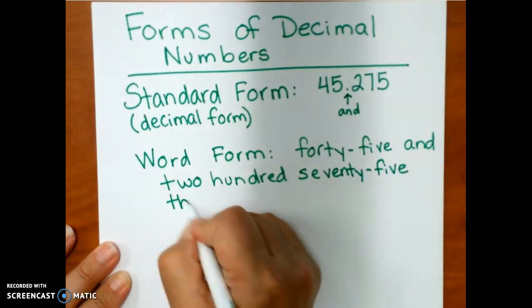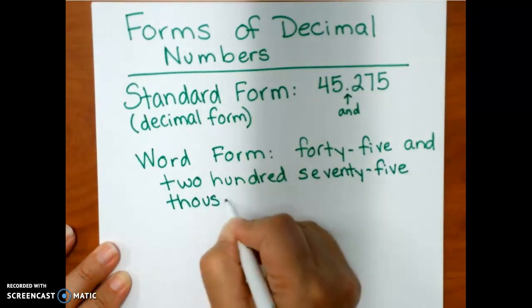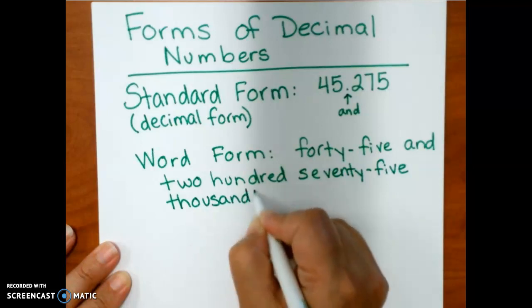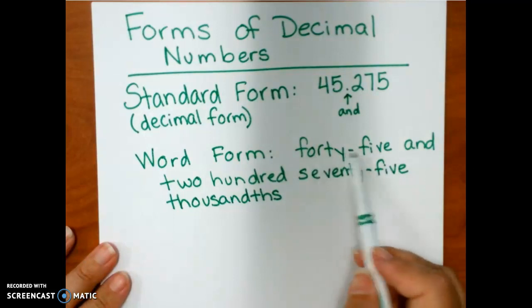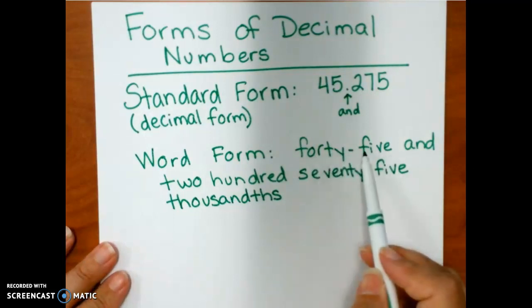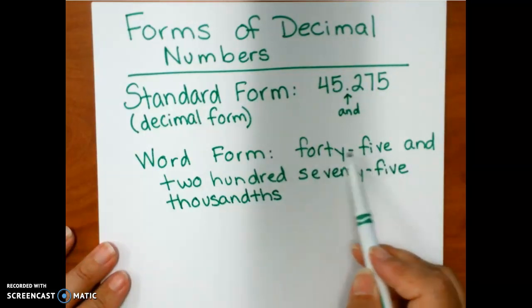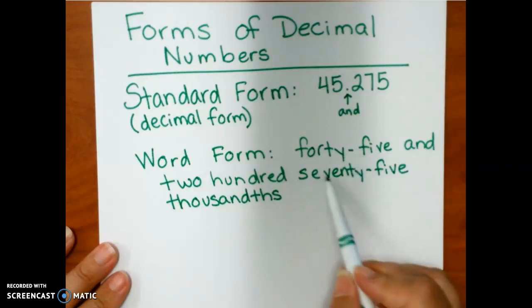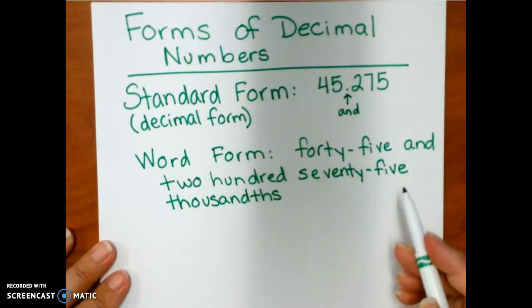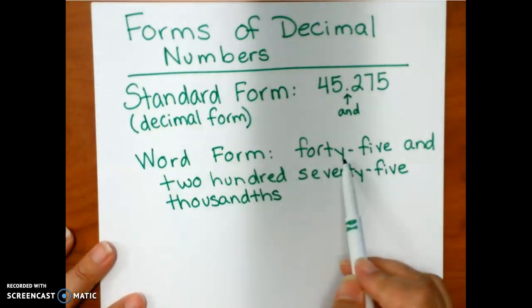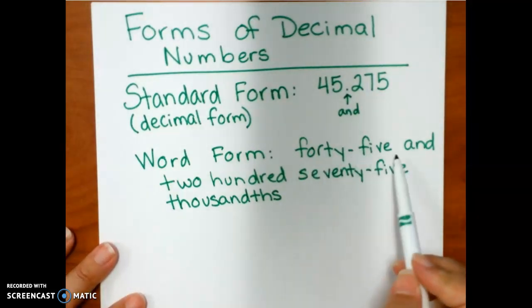Now, if you notice, when I wrote these words out, the word form of my numbers, 45 has a dash in the middle of it, has a hyphen. 75 does as well. When you have a two-digit number, we write the first digit and then a dash and then the second digit.